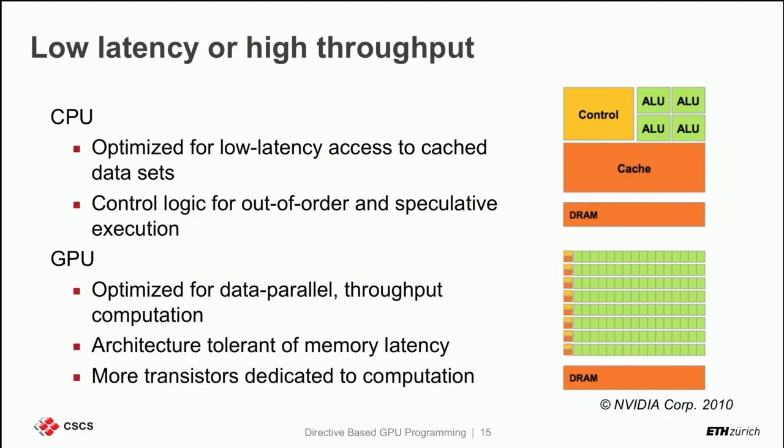So now let's see, at a high level, what the key differences are between the CPU and the GPU. This is an abstraction of the die area of a CPU chip. You see that almost half of the die area, or even more, is taken by caches.